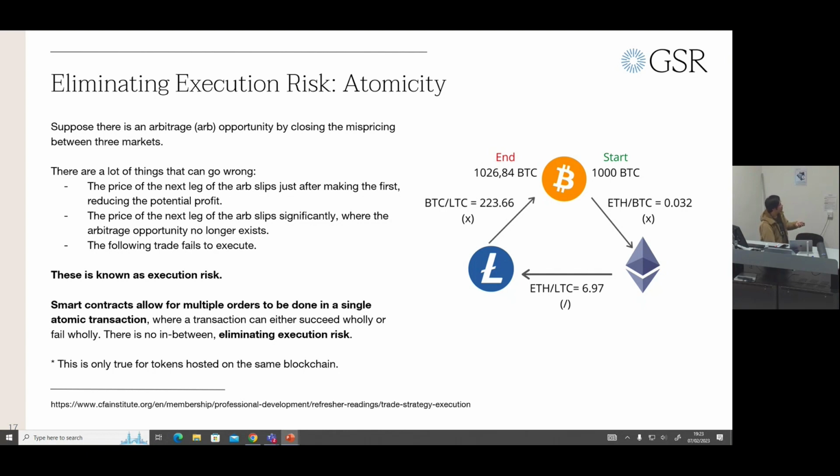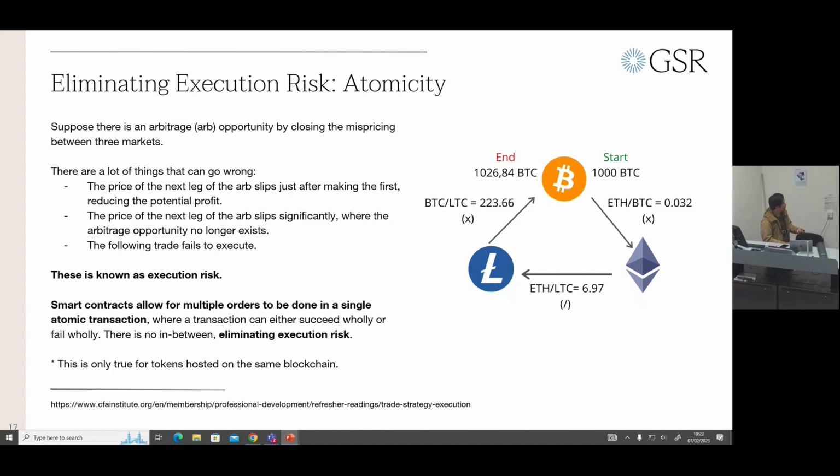And so if we are able to secure these prices, those three trades are executed, and we make our 26.84 Bitcoin in profit.